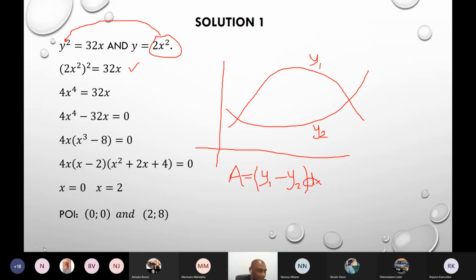But if I decide to say y2 is at the top and y1 is at the bottom, it means my area will be equal to y2 minus y1.